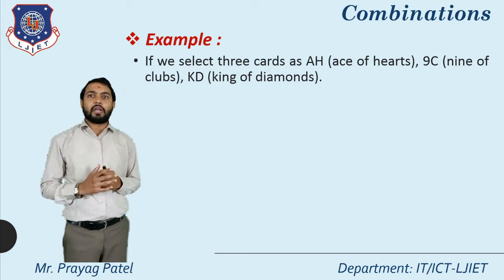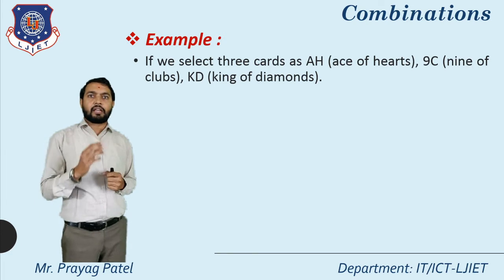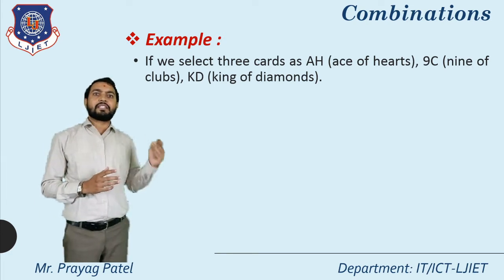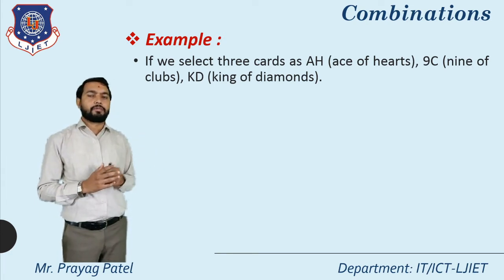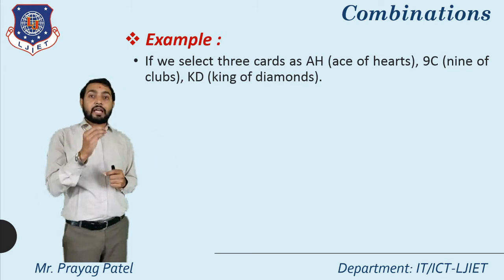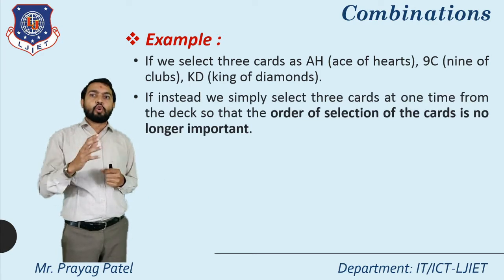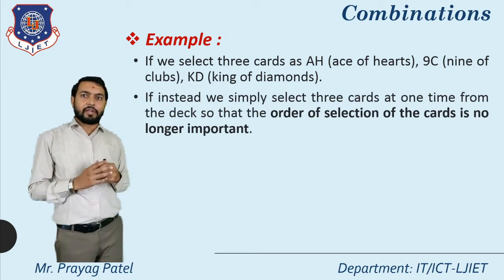Now in this example, if we select the 3 cards like AH means Ekka of hearts, 9C means 9 of clubs, KD means king of diamonds. If we select these 3 cards, then what is the resultant value? So the resultant value is the same as our previous case.